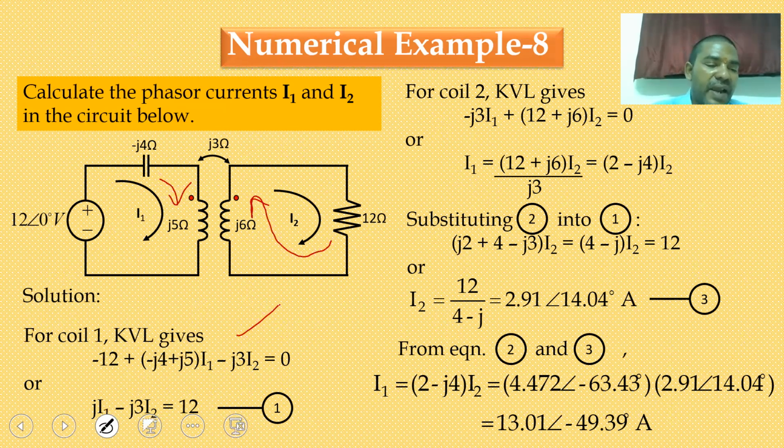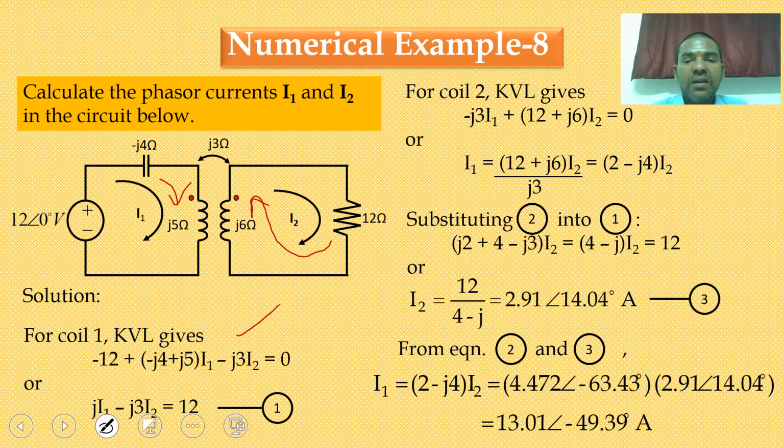So finally you can get j1 into I1 minus j3 into I2 is equal to 12. So this is your first equation. Coming to the second equation, minus j3 into I1 due to the opposing mutuality, minus j3 into I1 plus 12 into I2 plus j6 into I2 is equal to 0.